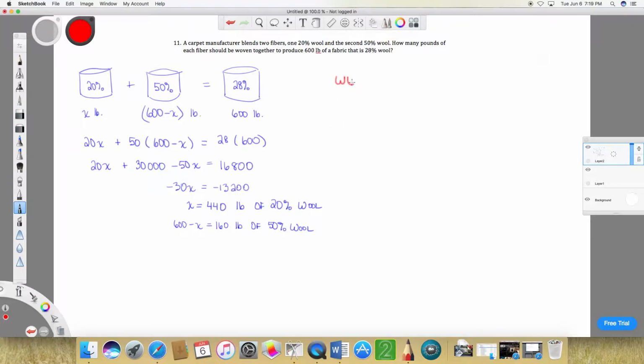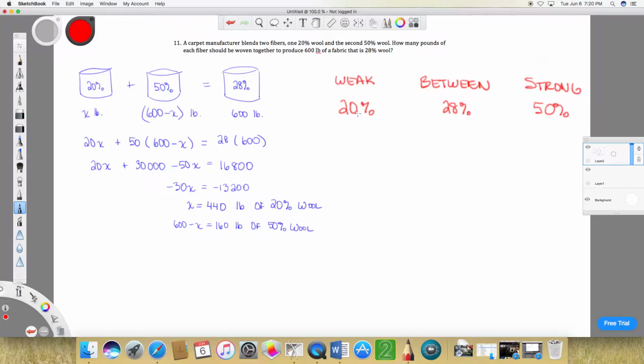We identify the weak concentration, the in-between concentration, and the strong concentration. So the 20% wool fiber was the weak, the 50% wool fiber was the strong, and the final mixture was in between, which was 28% wool fiber.